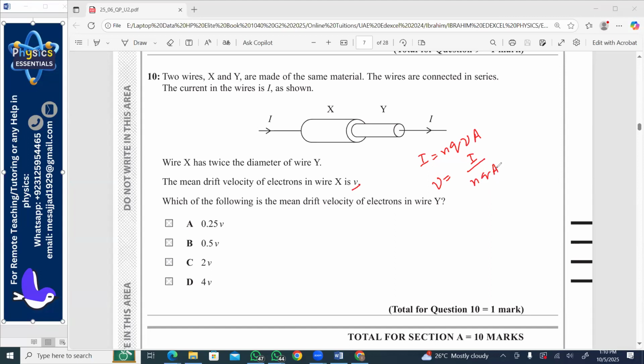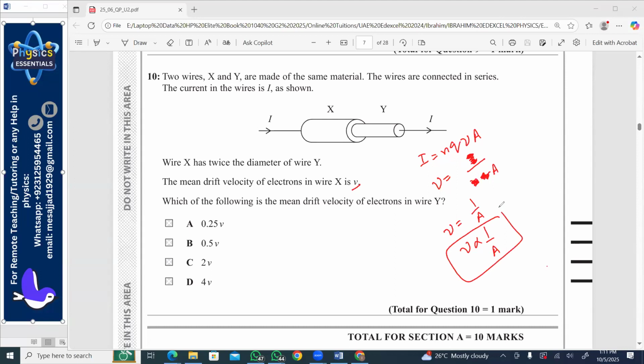That is the answer. Now the material is the same, so the charge density is going to be the same, and both are in series. The current is also the same because they're connected in series. So everything is constant. You're just left with A. So here the drift velocity is inversely proportional to A.